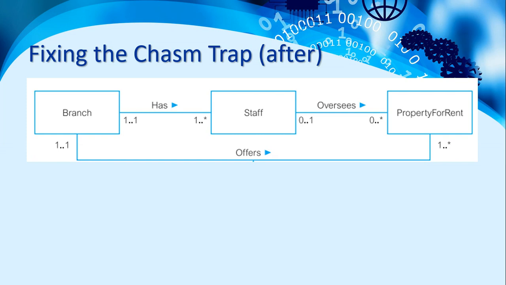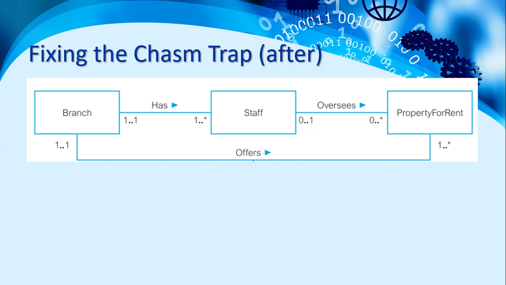The ER model shown in this figure represents the true, ito talaga yung totoong association or relationship between these entities, diba? So this model ensures that sa lahat ng panahon, the properties for rent associated with each branch are known, no? So including the properties that are not yet allocated to a member of staff.